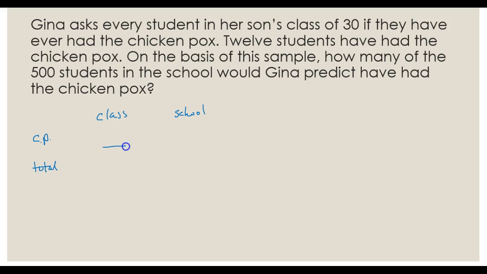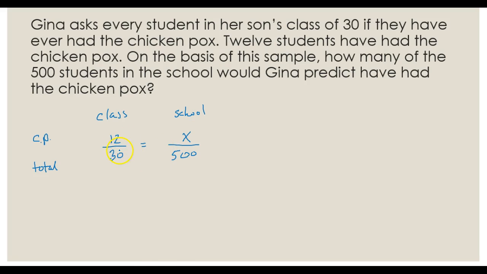So we have in the class 12 students who've had chickenpox out of 30, and we want to extrapolate that to the whole school of 500 students. How many of them likely had chickenpox? And so there we have it. That's the setup, that's the equation.